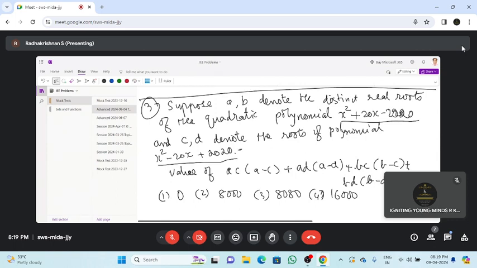Okay, so anybody got any idea how to solve this? Snehal? Tell me, Dakshini. Yeah, go ahead. Sir, we can use sum of roots and product of roots, and we can get a plus b and ab, and similarly c plus d and cd, sir.